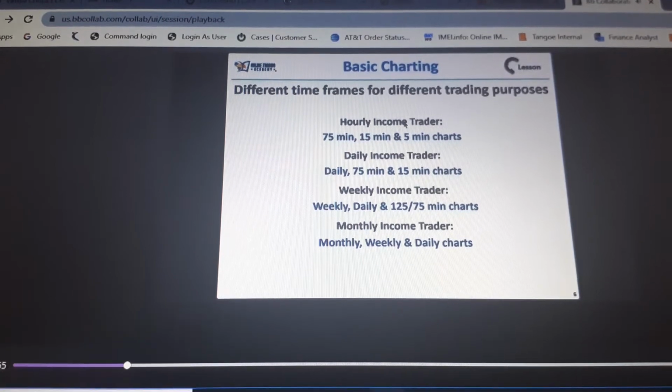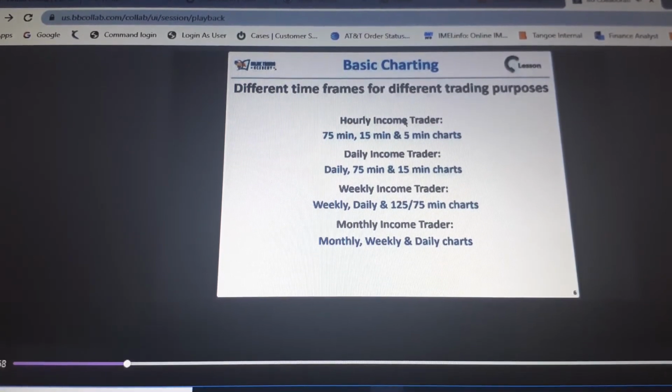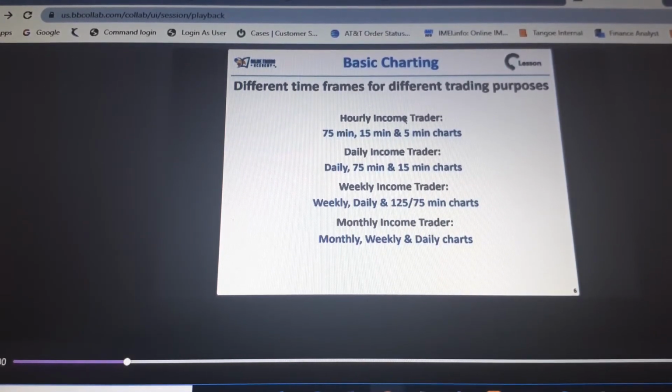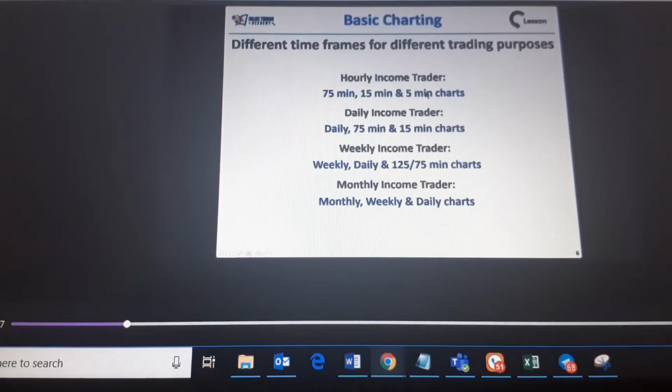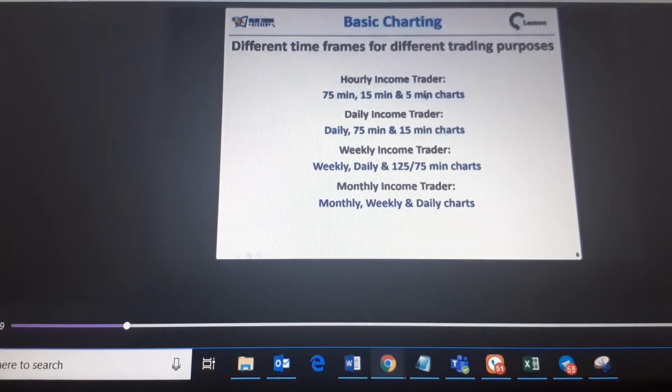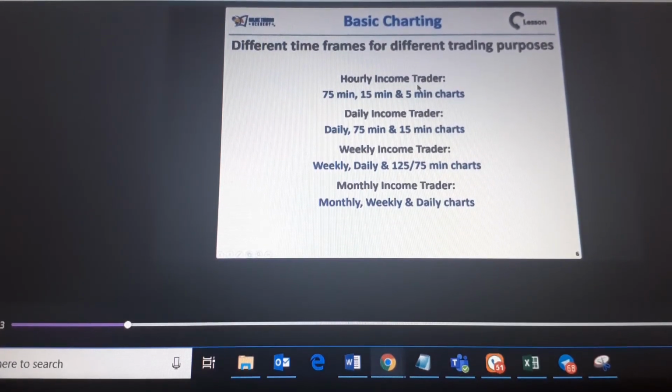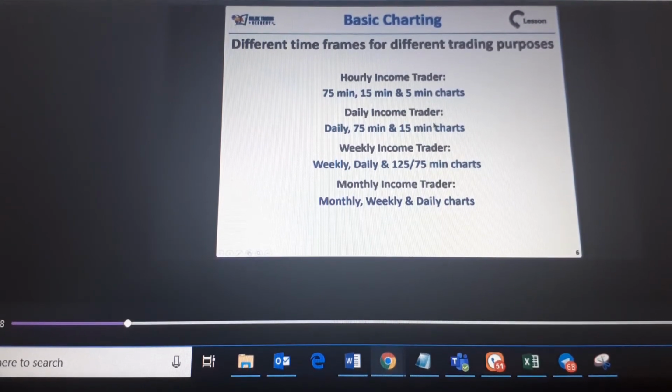Just know that there are 4 styles of trading, and when I come to multiple time frame analysis, I want all of you to bear in mind that these are the three time frames, or you just learn this by heart. These are the three time frames that I'm going to use as an hourly income trader. As a daily income trader, I'm going to use these three time frames.